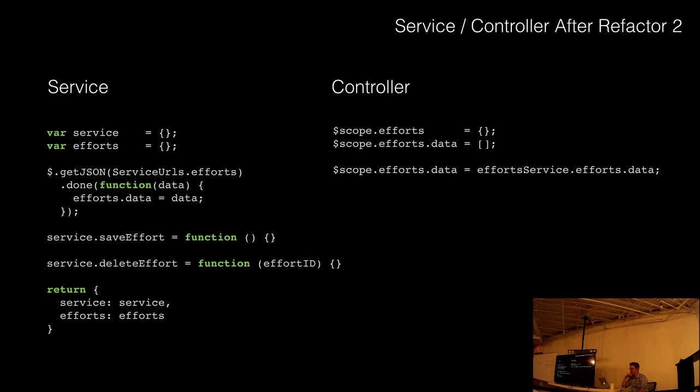And then for any subsequent stuff, your service has exposed methods to save or delete or whatever. But once you do that in your controller, all of it automatically updates. So you can have multiple controllers refer to that service, and because there's that live connection, they'll automatically update. So it's kind of nice.